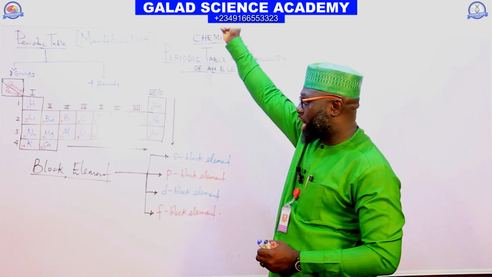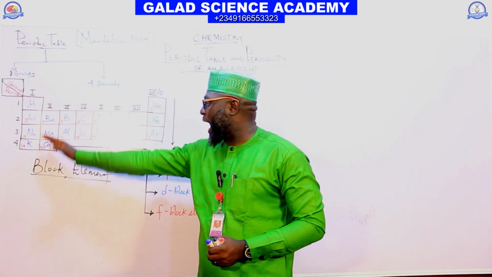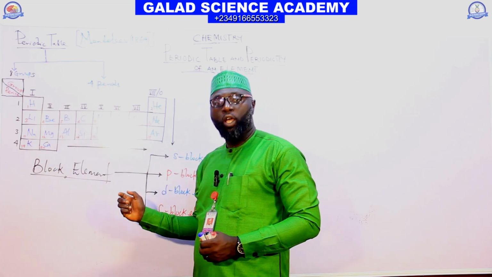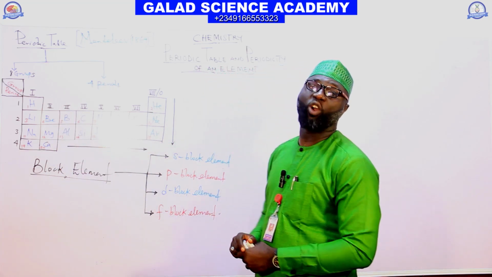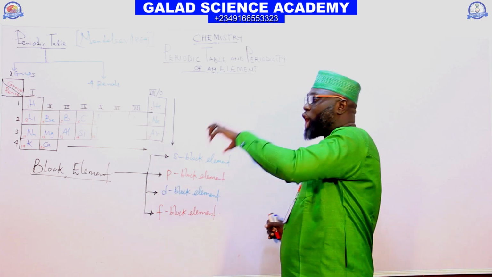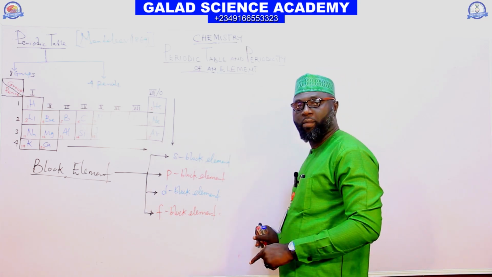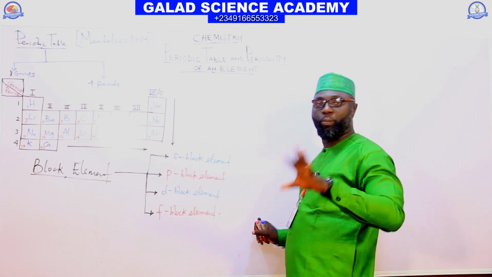Before you can know what block an element belongs to, you will write out the electronic configuration. The orbital that is housing the valency electron of that element is the block the element will belong to.